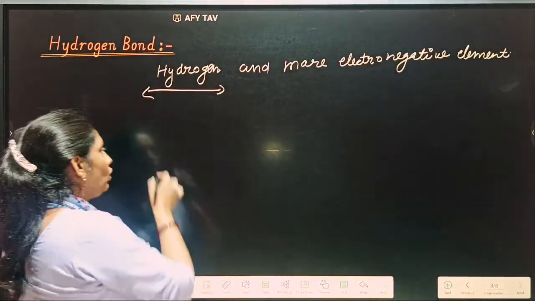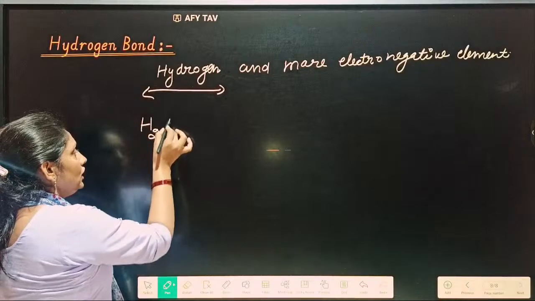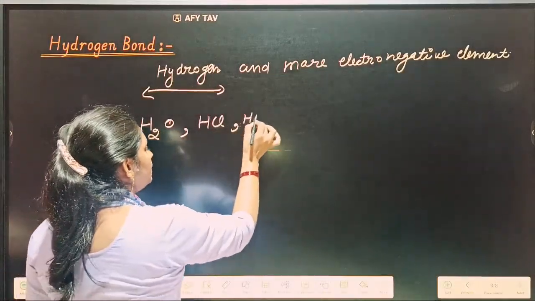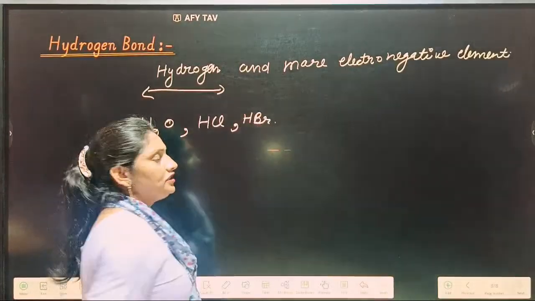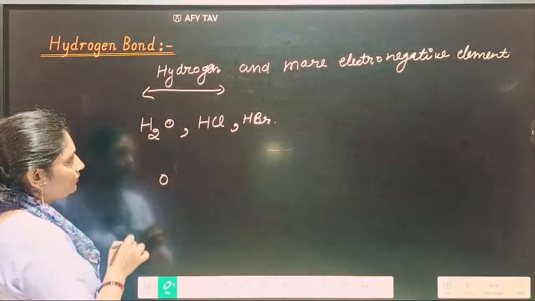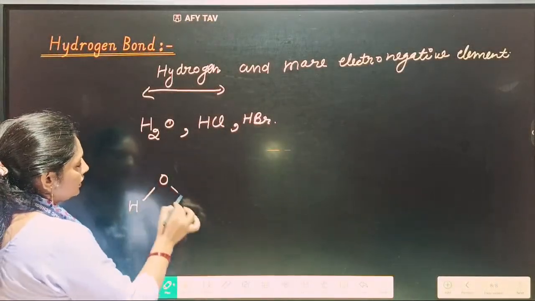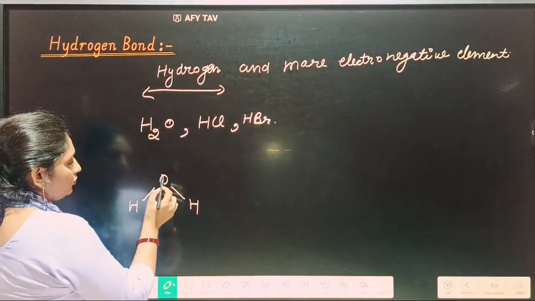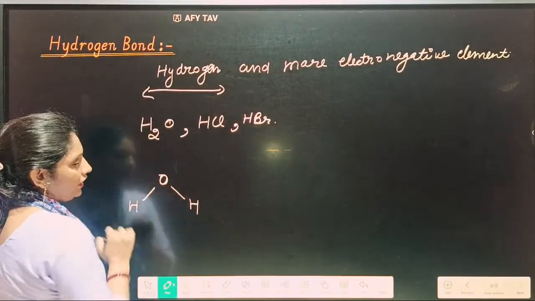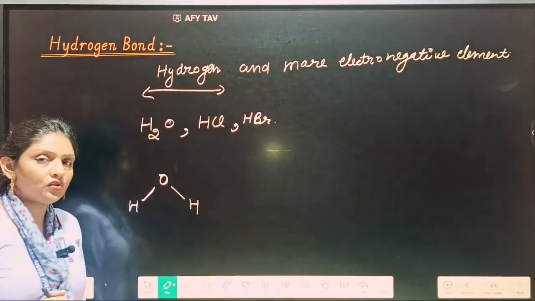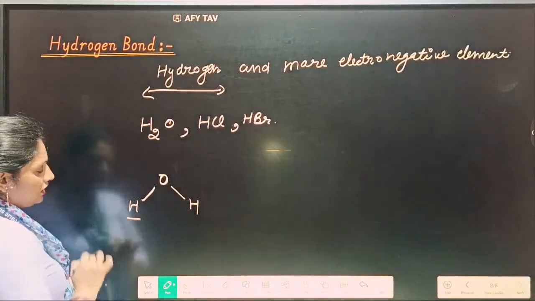Like, students, if I talk about water, HCl, HBr, here you can see one oxygen and two hydrogens are there. Oxygen is the more electronegative element and hydrogen is less so.